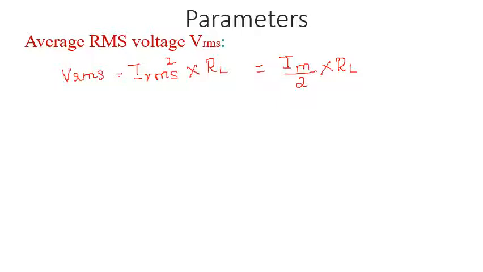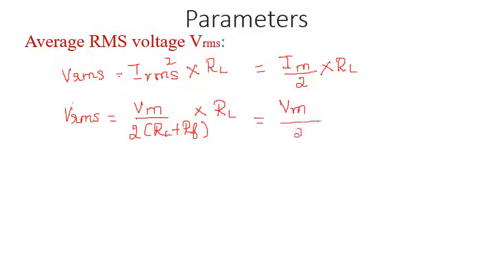We know that Im is Vm divided by RL plus RF. Substituting that in place of Im, my equation reduces to Vm divided by 2 into Rf plus RL, which can be rearranged as Vm by 2 into RL divided by Rf plus RL.